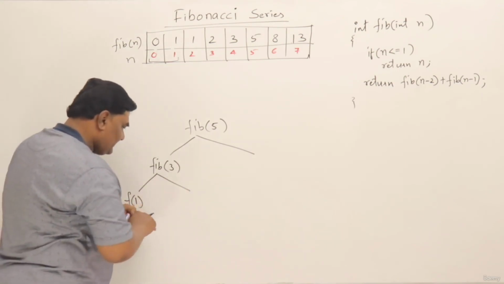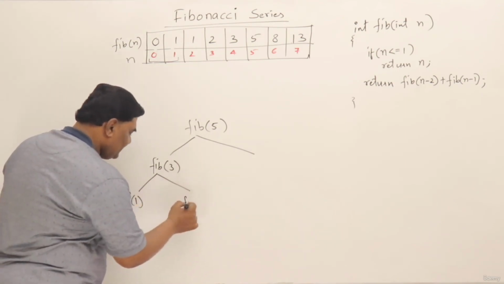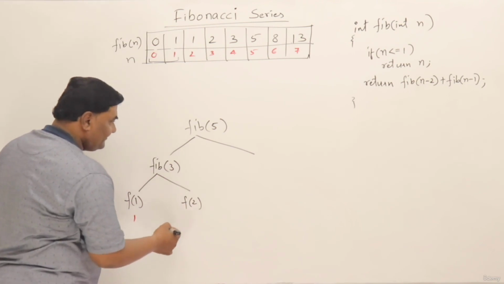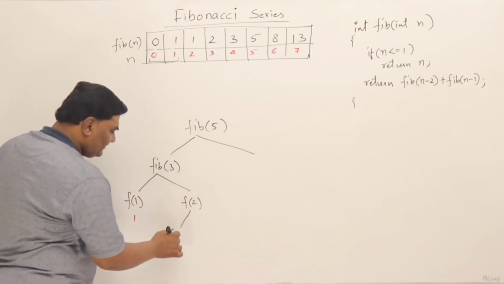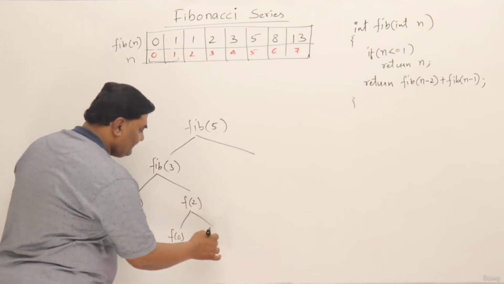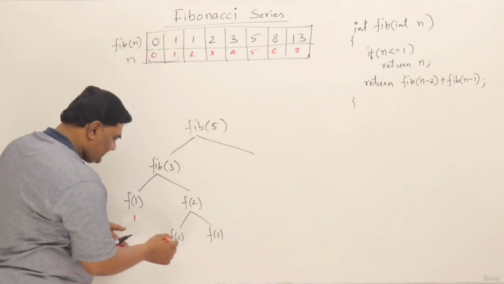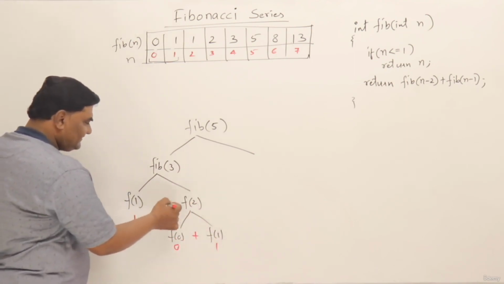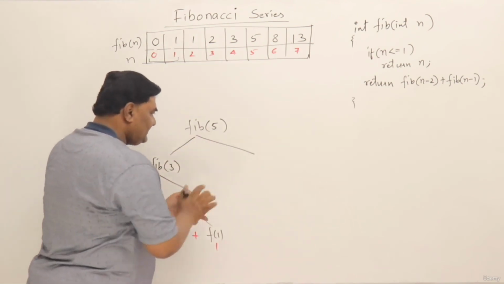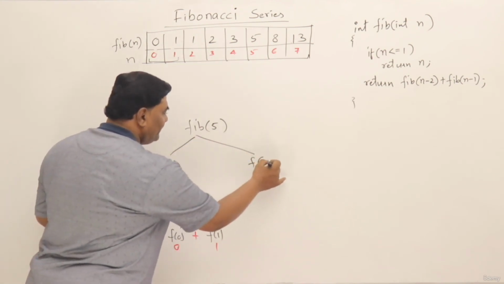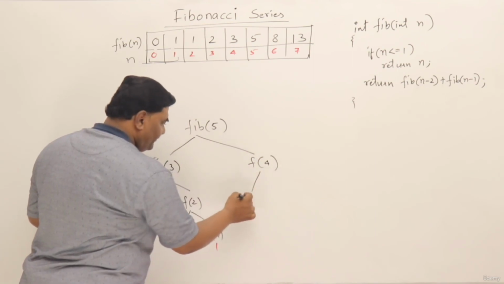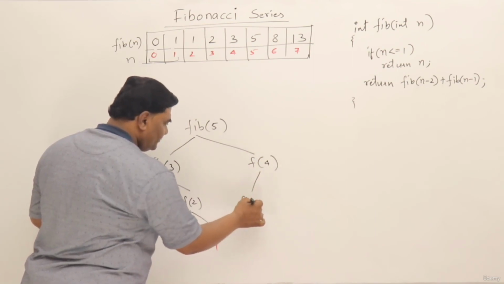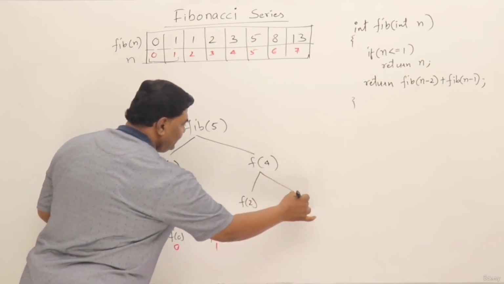Then here it has to call fib of 2. I'm just writing f here for fib. Then fib of 2 further calls fib of 0 and fib of 1. Fib of 0 gives the result 0 and this gives the result 1, and they are added, the result is returned, and this is added, the result is returned. And here it will call fib of 4. For fib of 4, this is fib of 2 and this is fib of 3.